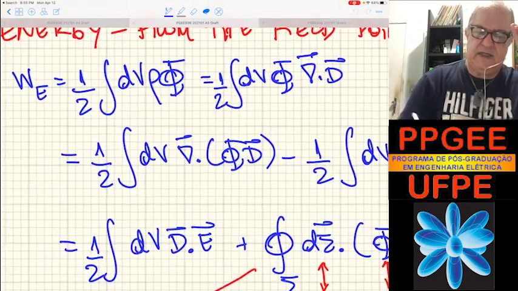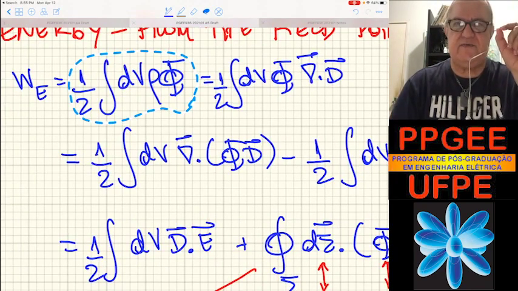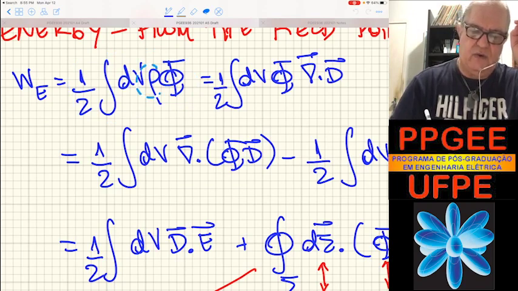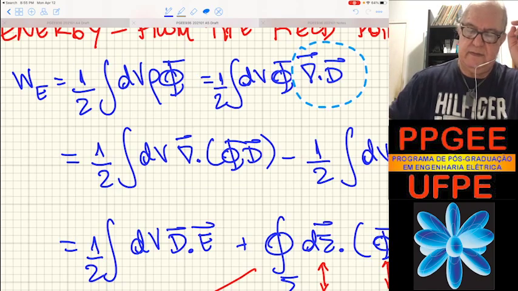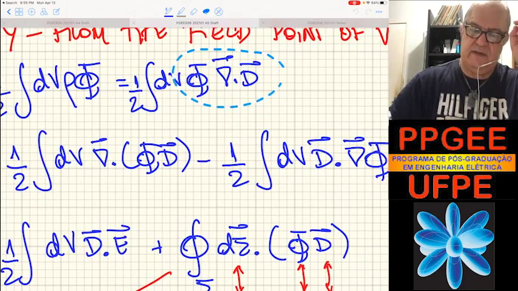This is the original expression. Now we have Maxwell's equations for electrostatics in vacuum, in which rho is the divergence of D, right? So we have this integral here.